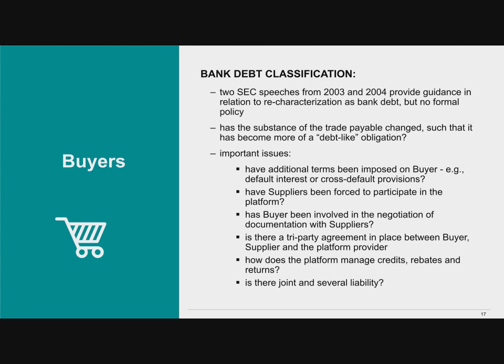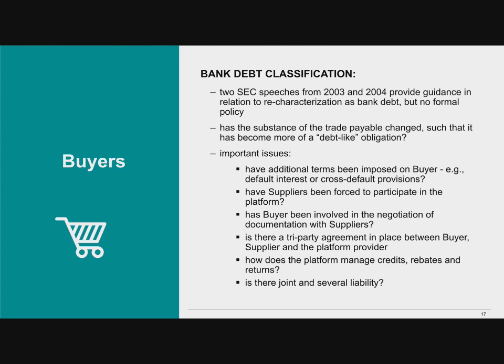Now, in relation to the current position on how these programs are accounted for in the financial statements of buyers, there's very little guidance out there in relation to how these programs impact the cash flow statement and the balance sheet of corporates.